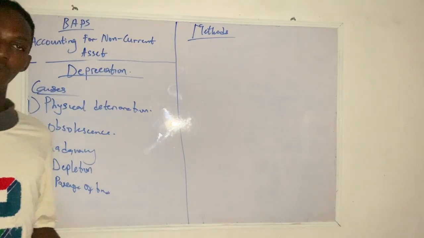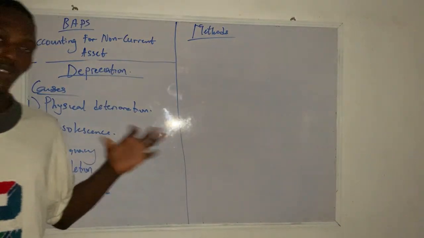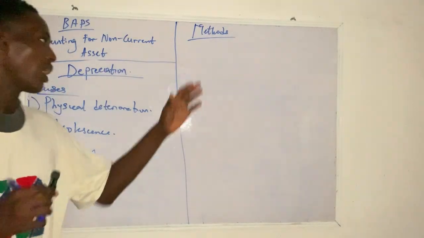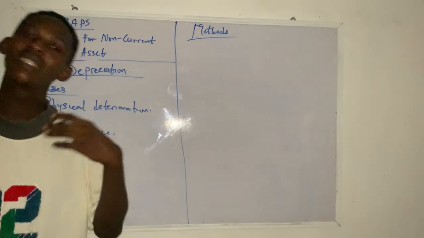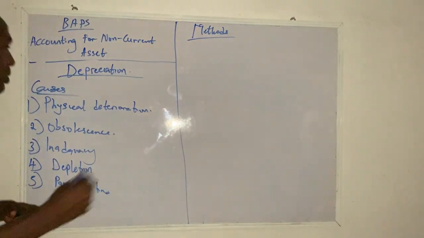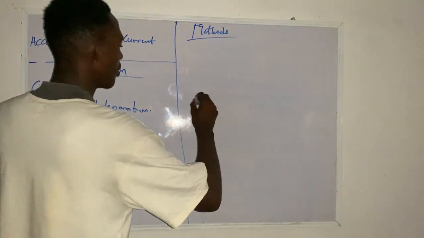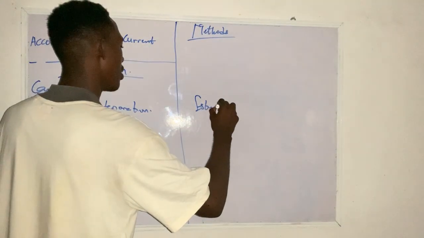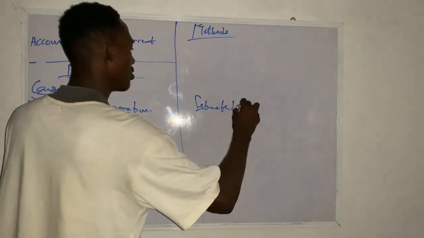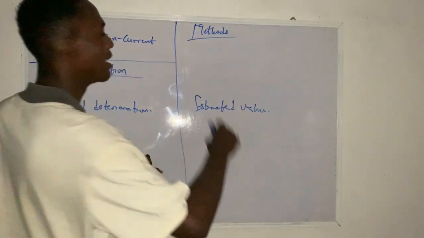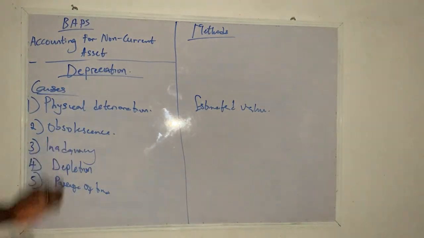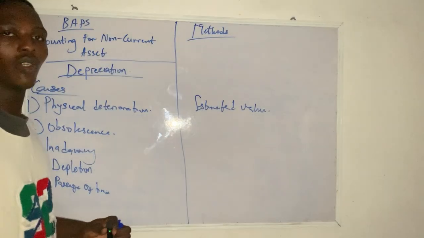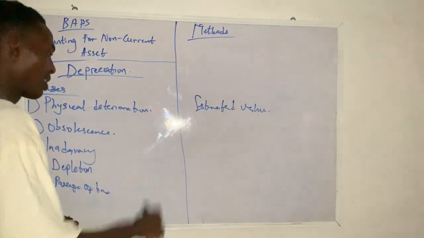That is the amount or the purchase consideration that we pay to get the asset. We have treated this in the past in a previous video. Then we have our estimated value. This is the value at the end of the useful life. So what value you are going to get, or what value will remain at the end of the useful life of the asset, is called estimated value.